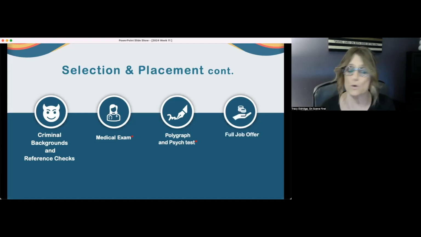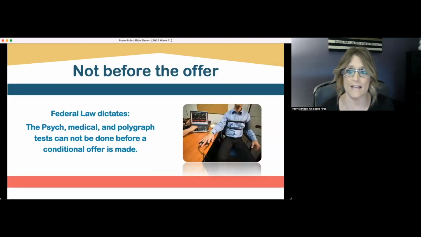So keep those 2 in mind. Here's a little extra reiteration, because I'm pretty sure you'll see it again: not before the offer. Federal law dictates the psych, medical, and polygraph tests cannot be made before a conditional offer is made.